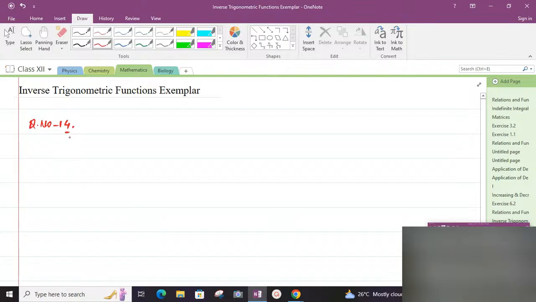Question number 14 asks us to prove that sin inverse 8 by 17 plus sin inverse 3 by 5 equal to sin inverse 77 by 85.